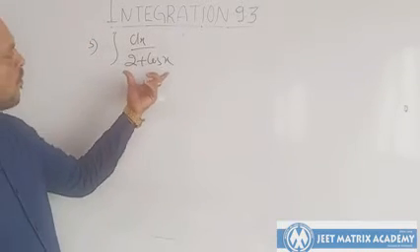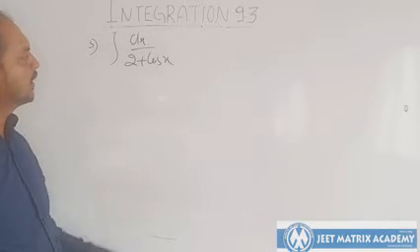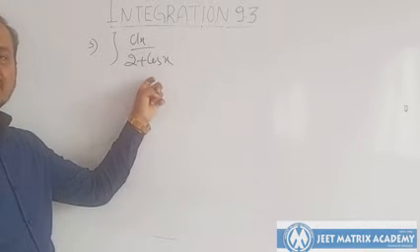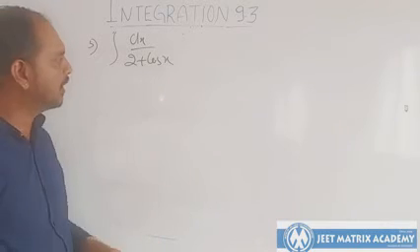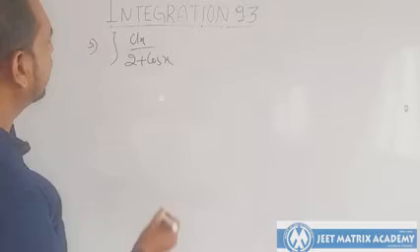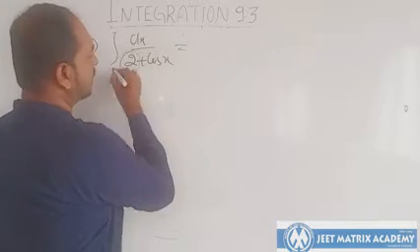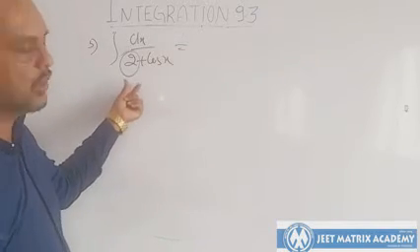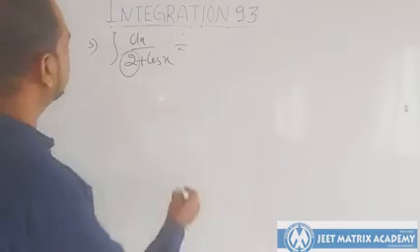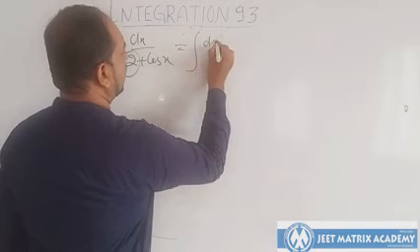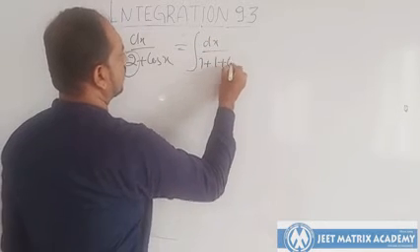So what to do? It will be very tricky. There is no square, but you are supposed to convert it into the square format. I mean to say, write this as, split this 2 into 1 plus 1 cos x. That means dx by 1 plus 1 plus cos x.